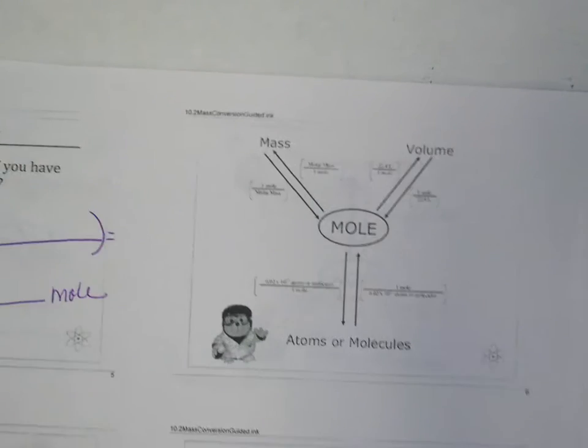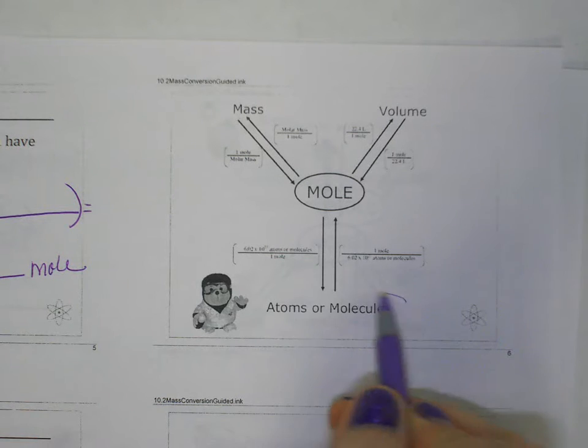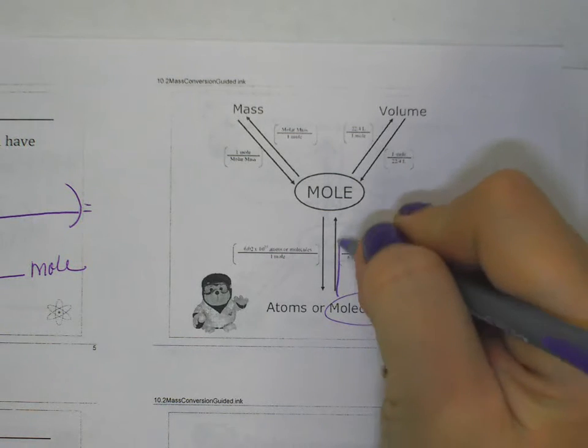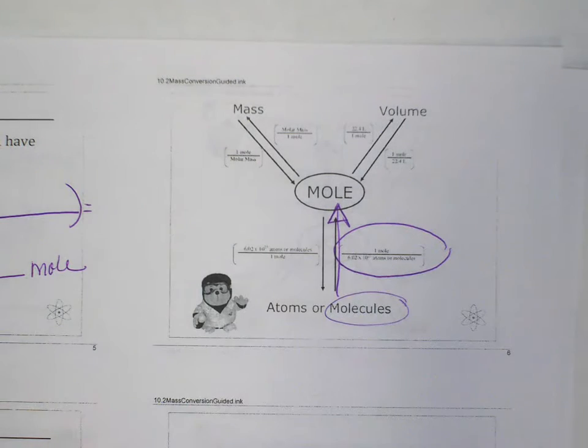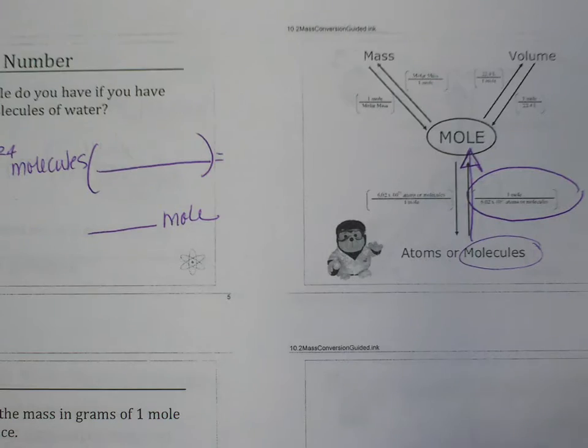Now when I look at my diagram, I'm going from molecules up to moles. That means I choose the conversion that's on that line. That happens to be 1 mole over Avogadro's number.